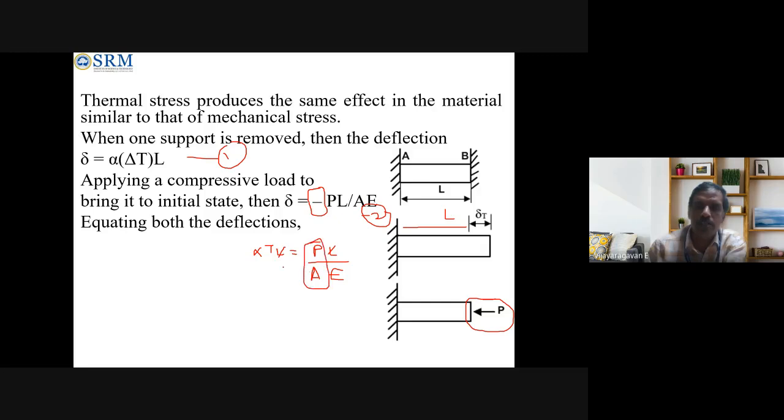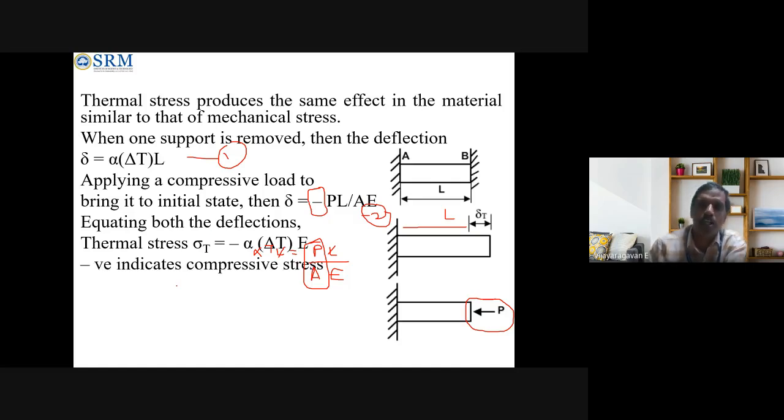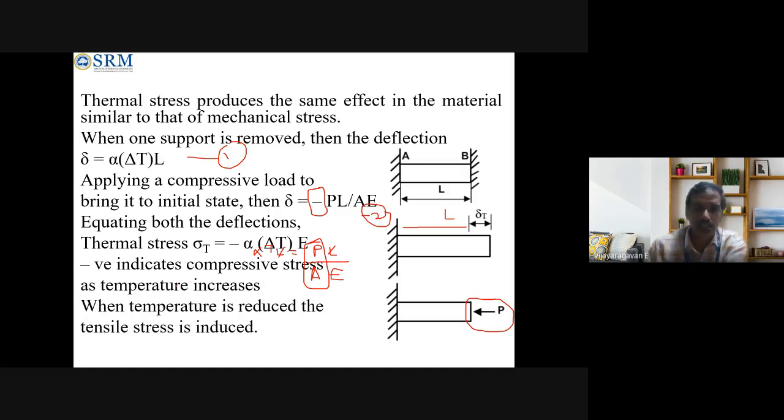So stress is equal to alpha into T into Young's modulus. So the thermal stress is given by minus alpha into temperature change into the Young's modulus. This is the formula for thermal stress, and the negative sign indicates that it is a compressive stress. When the temperature is reduced, then a tensile stress is going to be induced.